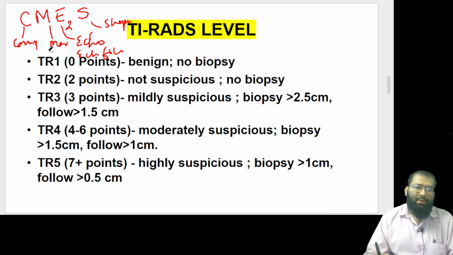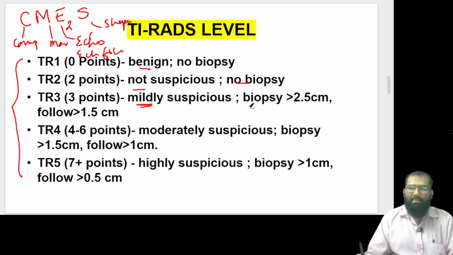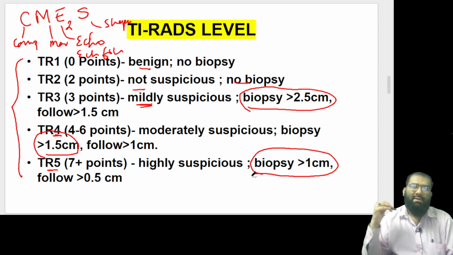This is what we discussed last time too: TIRADS 1 is benign, no biopsy, no FNAC. TIRADS 2 is not suspicious, no FNAC is indicated. TIRADS 3 is mildly suspicious, and FNA or biopsy is done if it is more than 2.5. Similarly, TIRADS 4 is FNAC or biopsy if it is more than 1.5, and TIRADS 5 is highly suspicious and we recommend FNAC or biopsy if it is more than 1 centimeter.